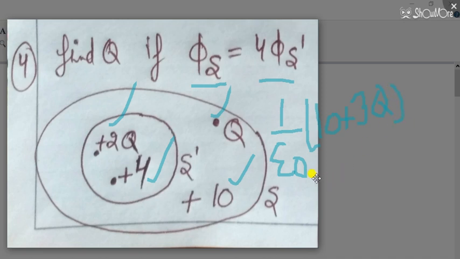It is equal to 4 times 1 by epsilon naught times the charge in S dash. So S dash includes how many charges? If I change the color, it includes 4 and 2q, so that means 4 plus 2q.